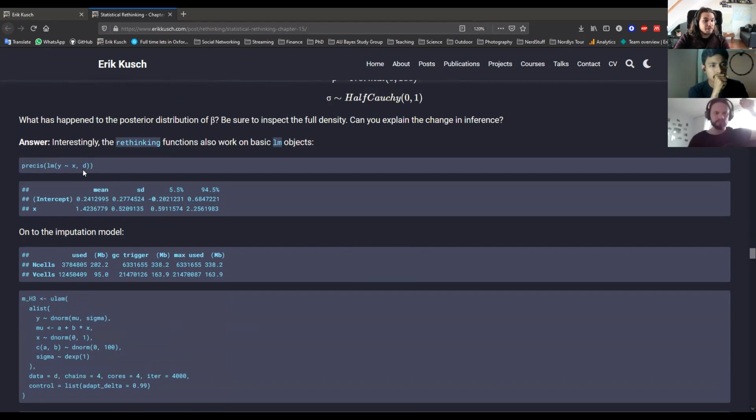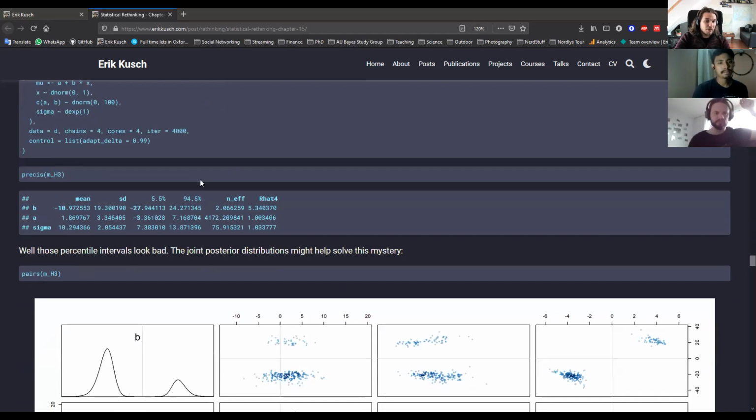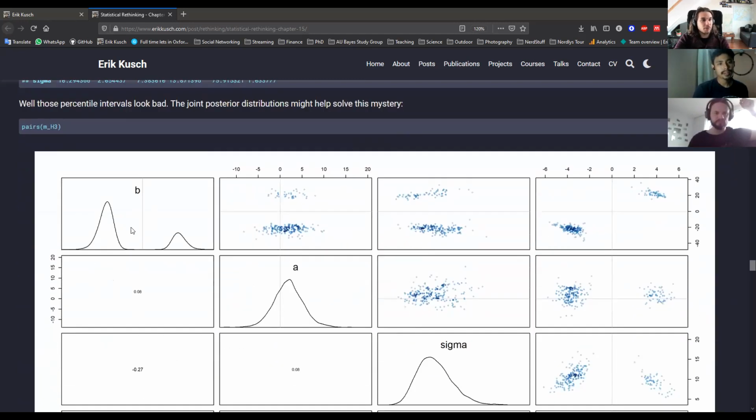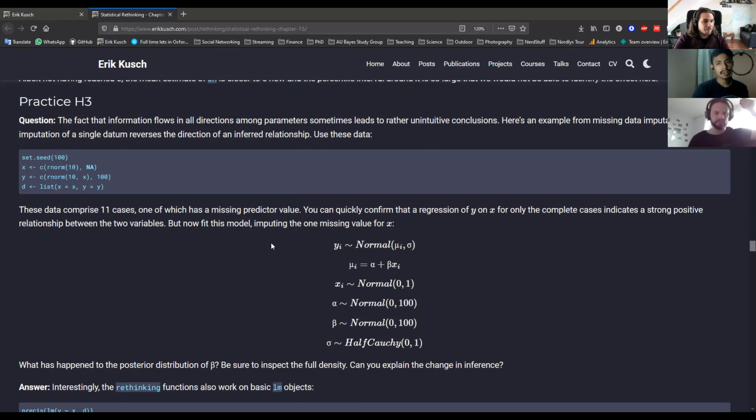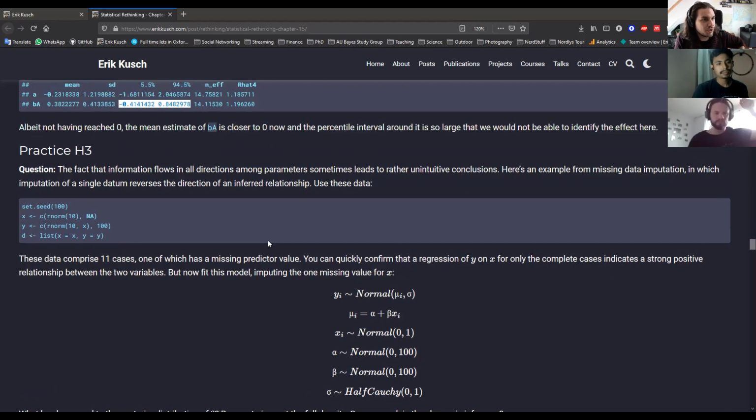But the important thing to point out here, without going into how I ran the models, is that we end up with a bimodal posterior distribution. If we think about the underlying data, why might imputation go completely wrong?